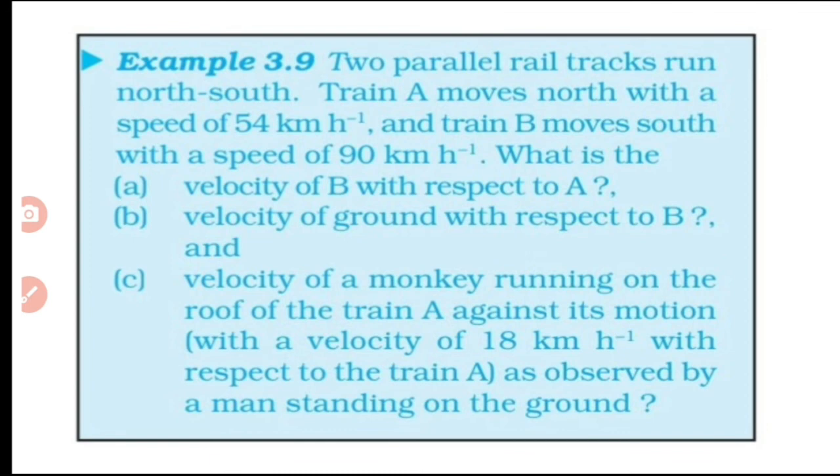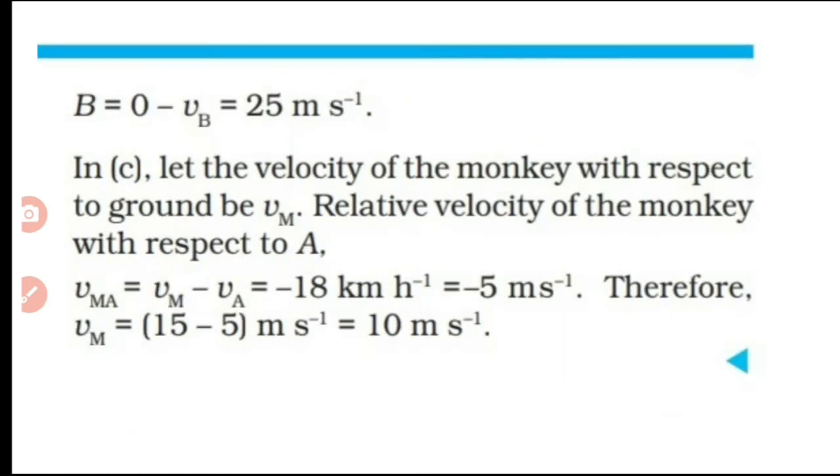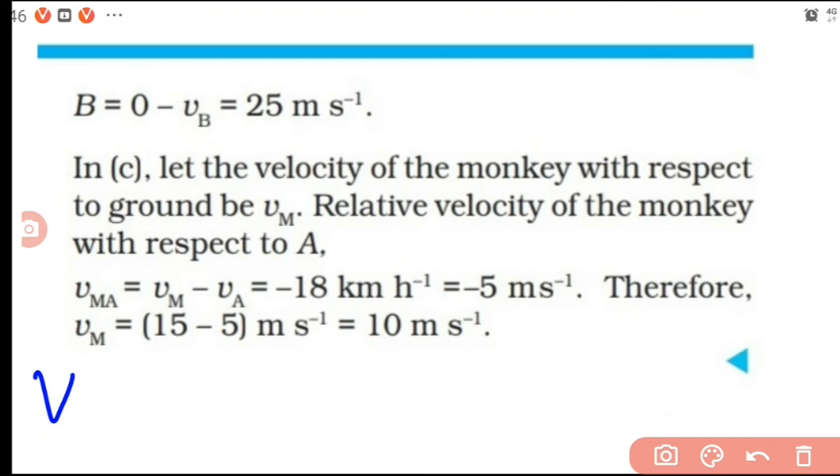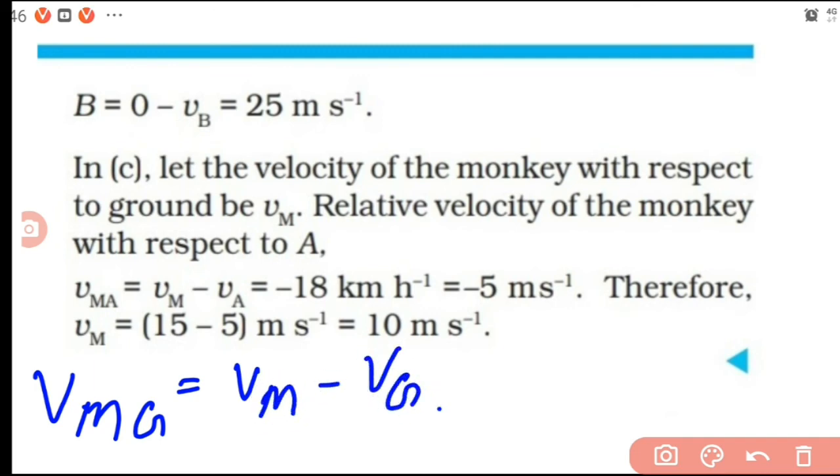So we are asked to find the velocity of monkey with respect to ground, that is Vm minus Vg. You know Vg is 0, so we need to find only Vm.